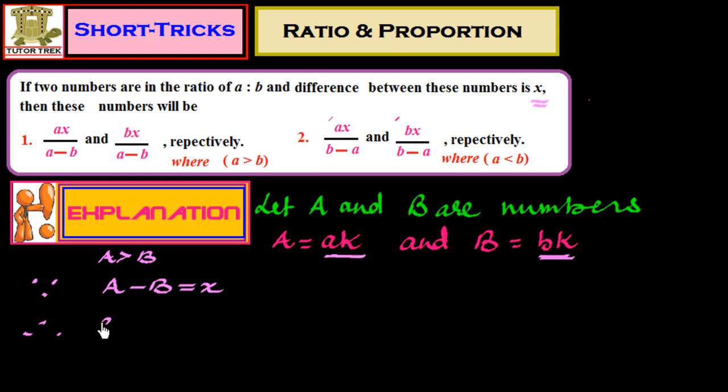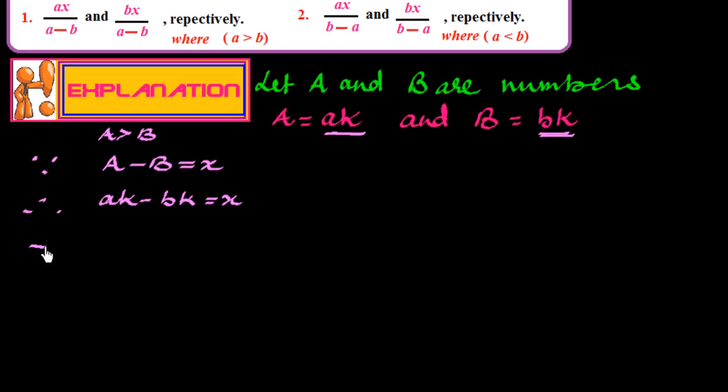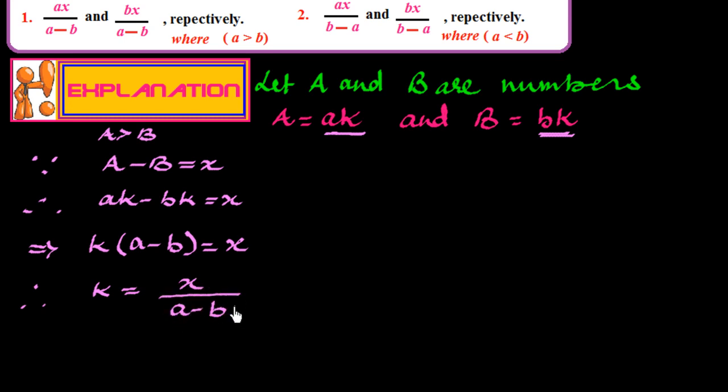So ak minus bk is equal to x. Taking k common outside, k times a minus b is equal to x. Therefore k is equal to x over a minus b.